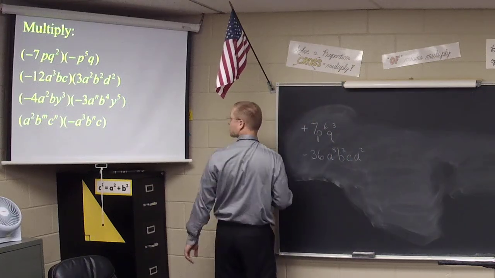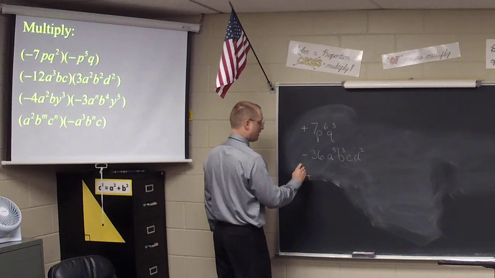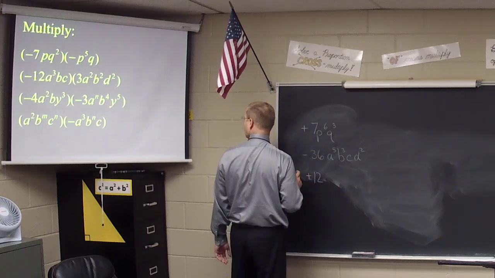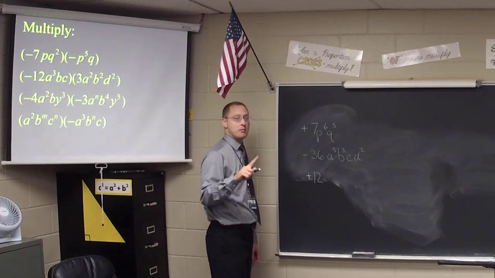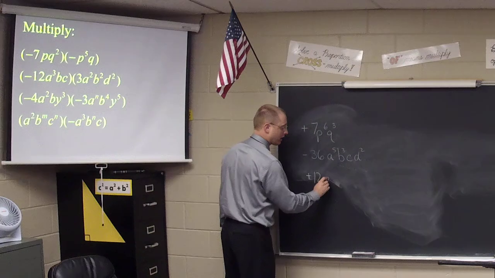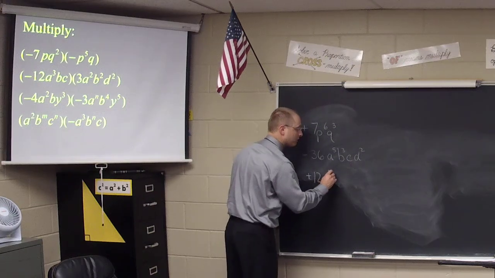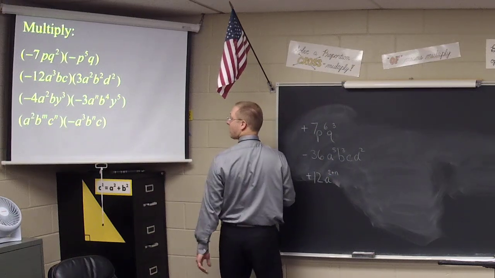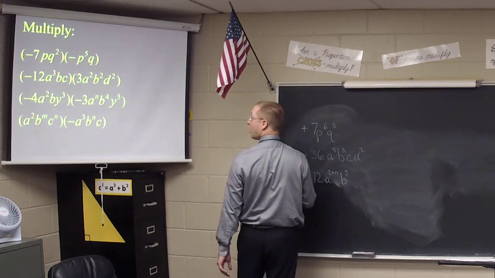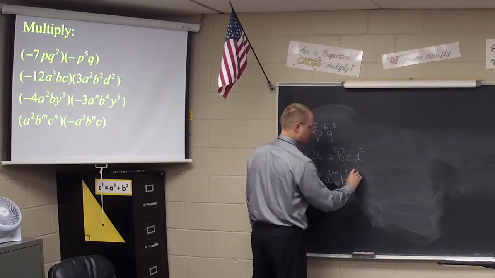All right, on the next one, sign, positive. Number, 12. A to the 2 plus n. Careful, when you multiply like bases, add the exponents: a to the 2 plus n. All right, B to the 5th, Y to the 8th.